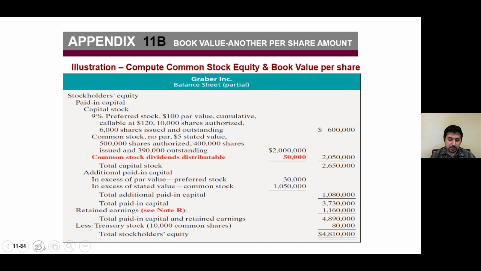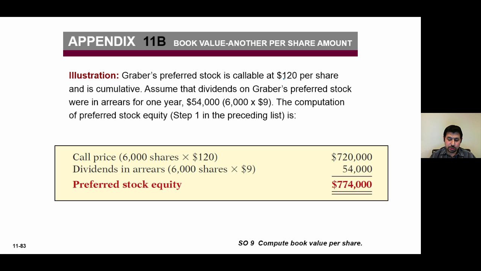It is callable at $120 per share. So this is 720,000, and the dividends that are in arrears will be 54,000. So this is the preferred stock equity in the company.